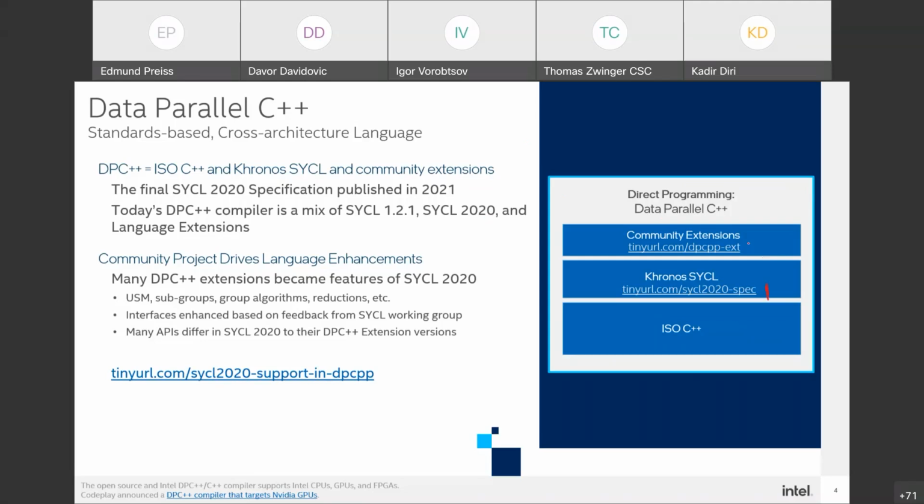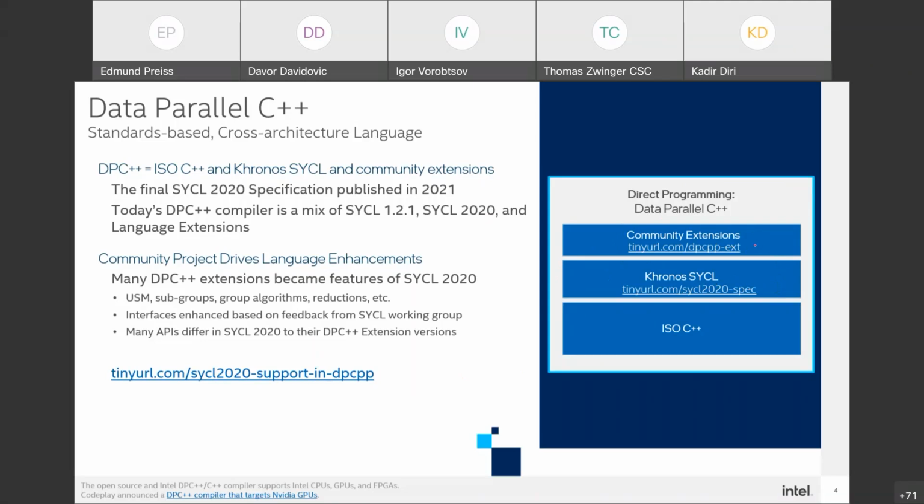It doesn't mean that we are not following the SYCL standard. We just want to make it better, and that's why it's like an iterative loop. So we are introducing community extensions, and we are trying to push these extensions back to the next standards and so on. So it is an iterative process with the Khronos group and the SYCL standard committee.